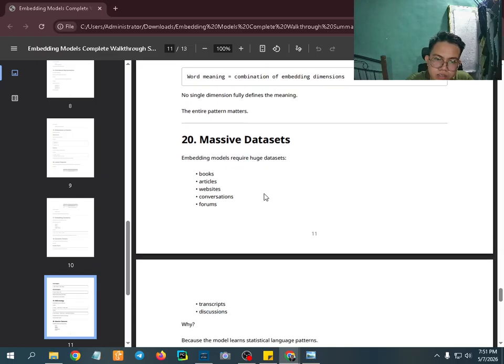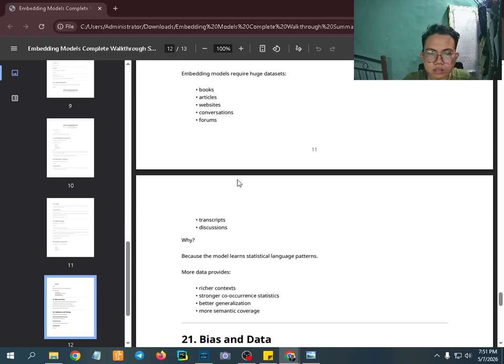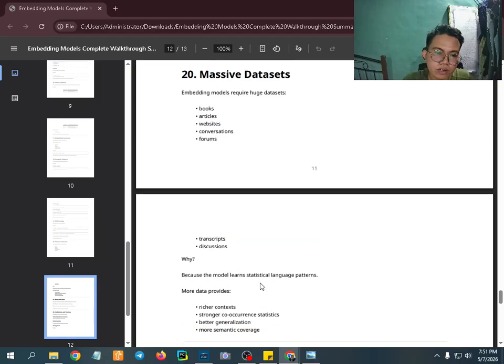The entire pattern matters. Embedding models require massive datasets like books, articles, websites, conversations, forums, transcripts, and discussions. Why? Because the model learns statistical language patterns. More data provides richer context, stronger co-occurrence statistics, better generalization, and more semantic coverage.